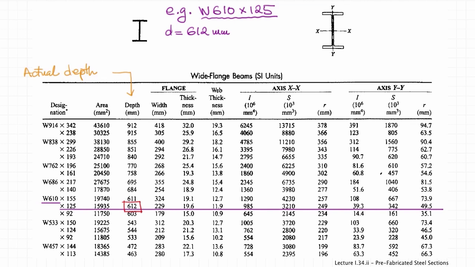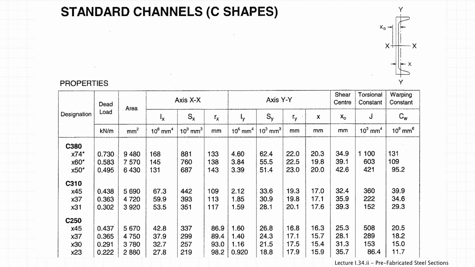The actual depth is 612 millimeters. And secondly, the unit mass of this section is 125 kilograms per meter, which is given by the second number in the designation. What we need for design or even for analysis are the section moduli for the x and y axes, and they can be obtained from the corresponding columns.